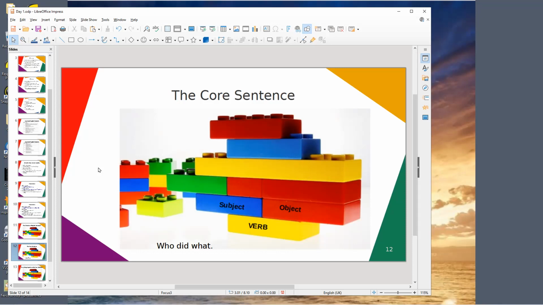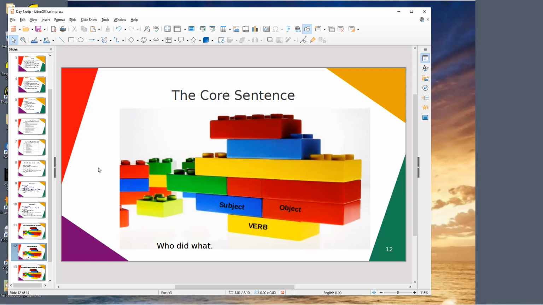So, who did what? This is our core sentence. If you remember from the levels that we looked at, the sentences were very simple. The first one started with 3-word sentences, right? Who did what?